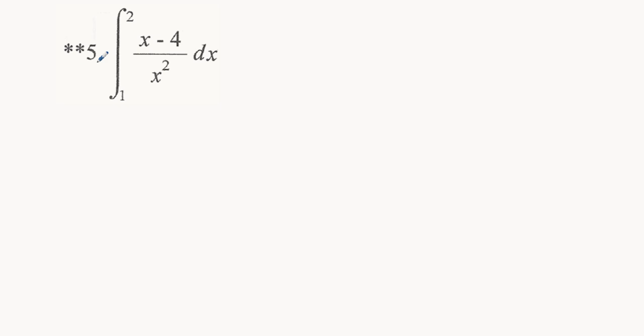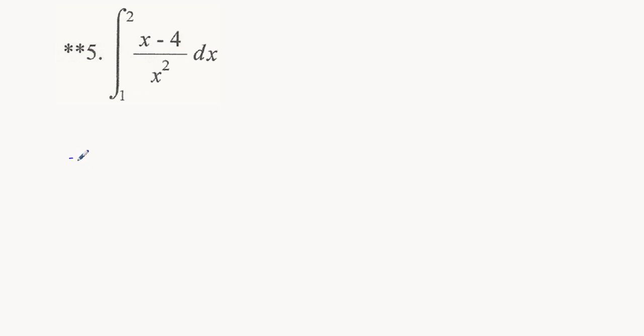Next, problem 5. We have the integral from 1 to 2 of (x minus 4) over x squared. I'm going to come down below, and we have two separate terms in the numerator and a common denominator. So we have an integral that we can split into two separate integrals.